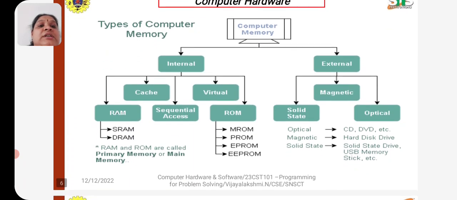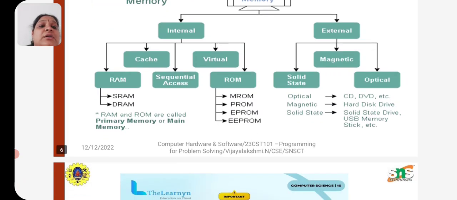The computer memory can be classified into two types: internal and external. In the internal memory, you have cache memory, virtual memory, RAM, ROM, and sequential access. In the external part, you have magnetic, solid state, and optical. If it is RAM, that is random access memory, we have two types: SRAM and DRAM.